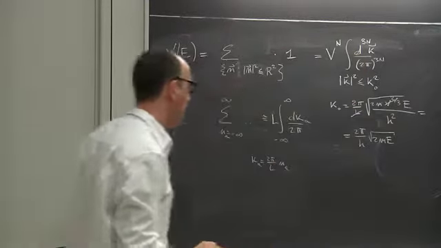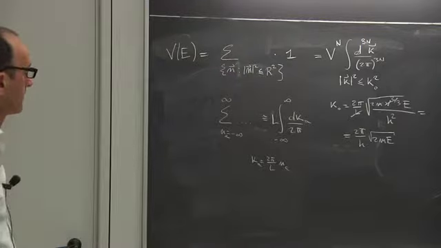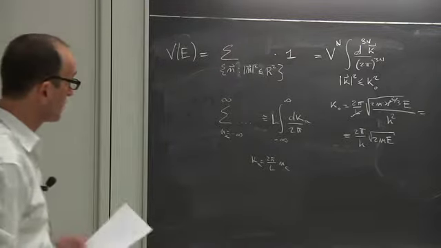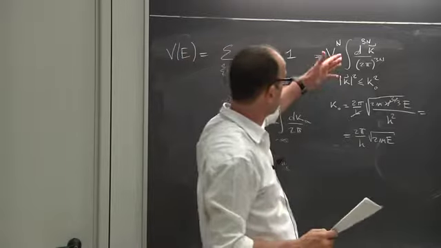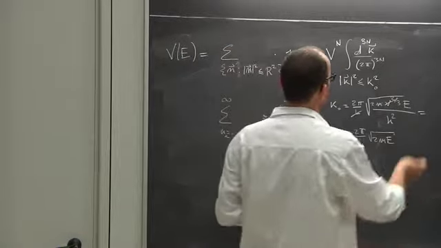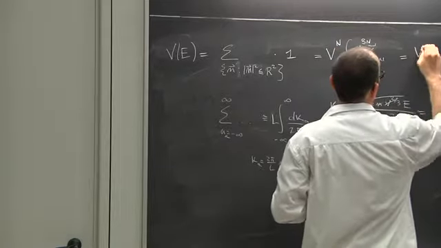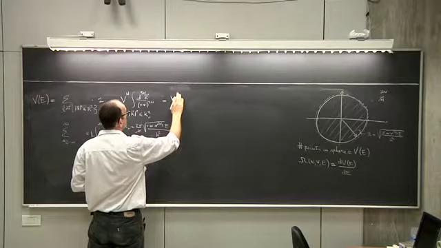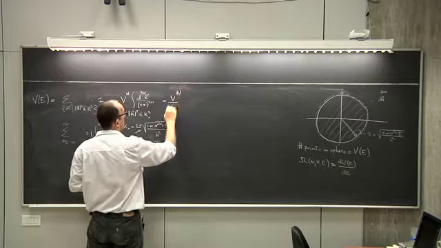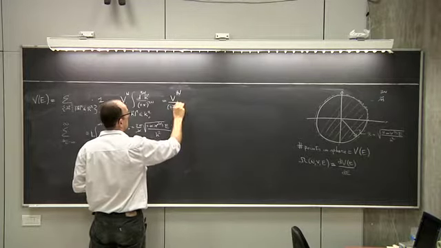Okay. So this is essentially v to the n over 2 pi to the 3n.